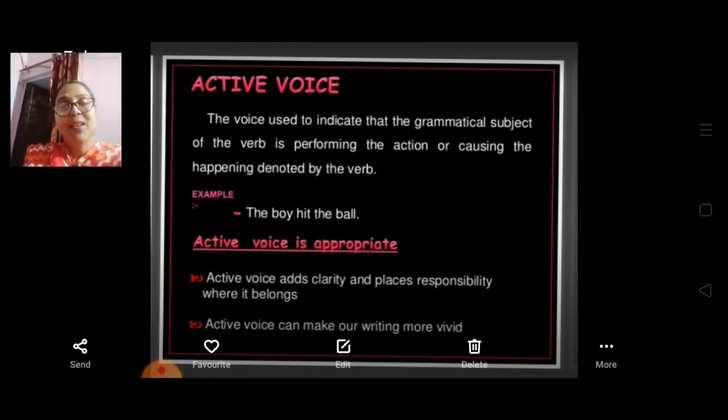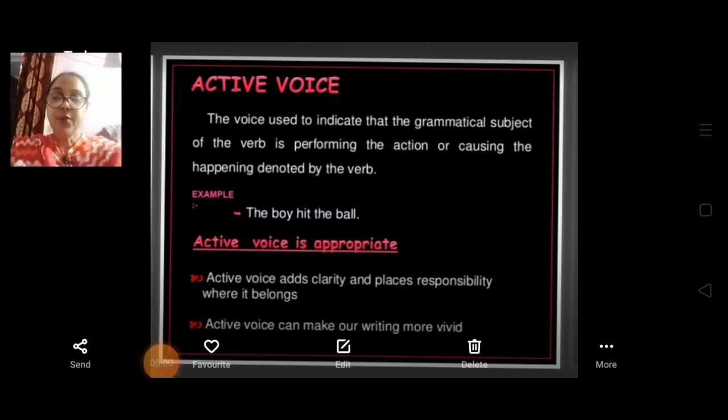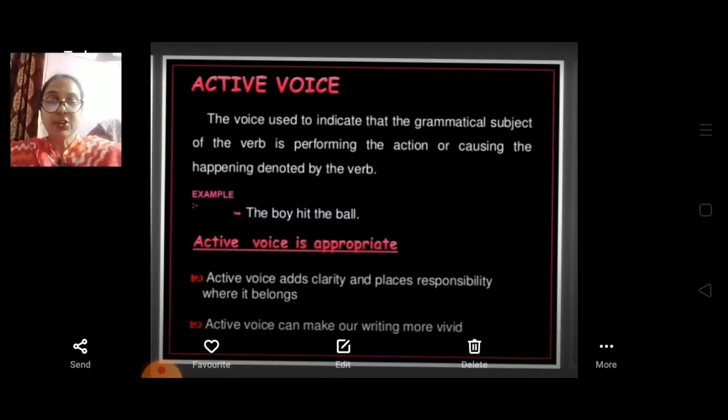So we should always remember this. Active voice: when the subject of a sentence does an action, we say that the sentence is in the active voice. So let us learn about how to write a sentence.